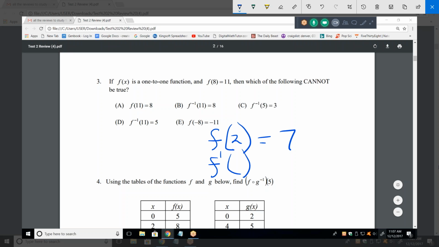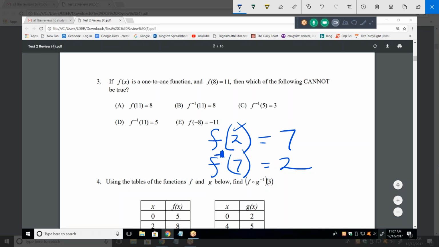There's only one thing you know. X and Y switch. So what's the bottom line have to be? F inverse of 7 equals 2. Always. You switch the domain and range.